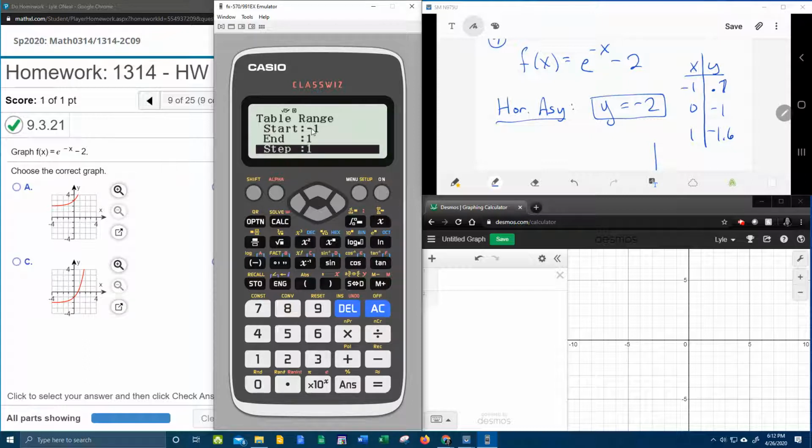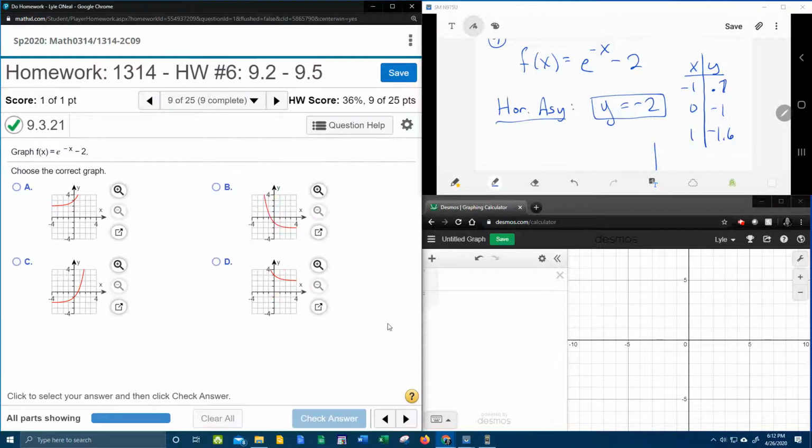So I want it to go -1, 0, and 1. That would be an increment of 1 each time. And do you see it actually generates the table that I have created over here? So the calculator has the ability to generate your table of values for you. All you have to do is input the function into the calculator. All right, so that's just a cool thing about the calculator I wanted to point out.